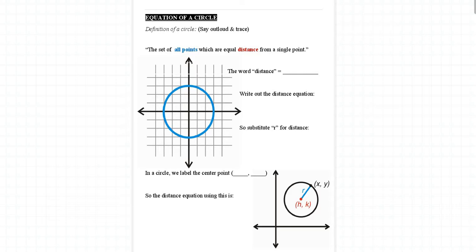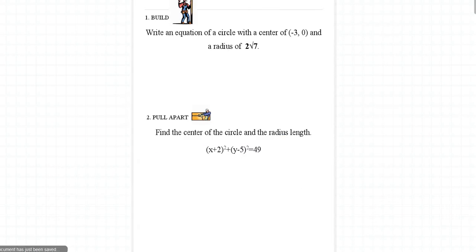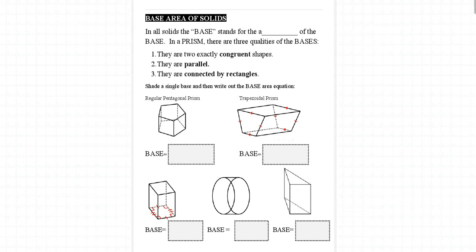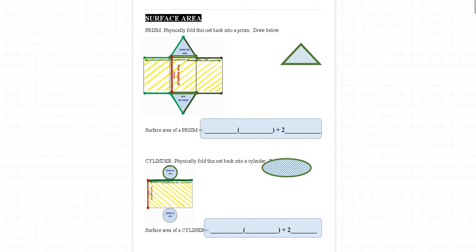Just to give you an overview of the topics. First, we're going to talk about the equation of a circle. And equations of circles are really easy to work with. Then we're going to talk about the area of bases, how to find the volume of solids such as prisms, cylinders, pyramids, and cones, how to find the surface area of prisms, pyramids, cylinders, and cones.